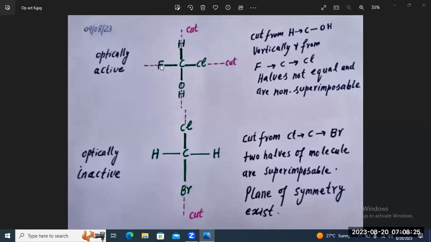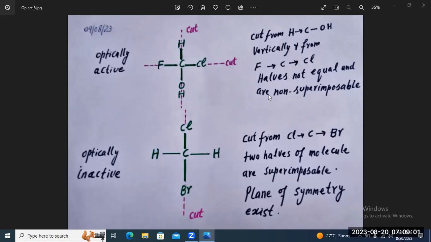You can cut this molecule from here to here, from fluorine to carbon to chlorine, or from H to C to OH. You will see the two parts you are getting due to these operations would not be equal to each other.